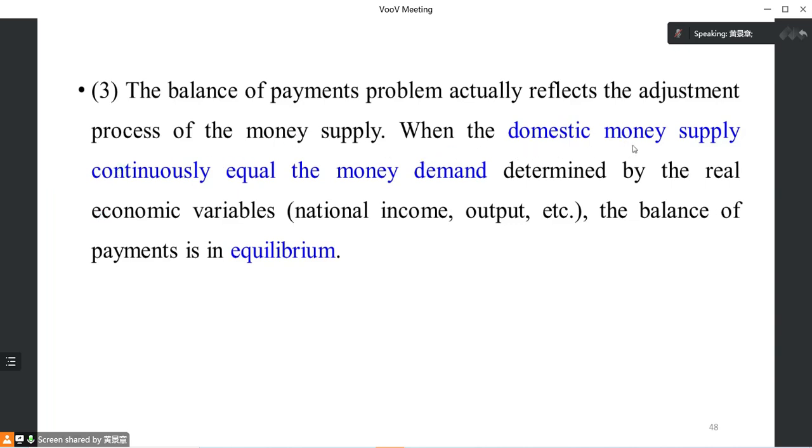When the domestic money supply continuously equals the money demand, determined by the real economic variables, national income, output, etc., the balance of payments is in equilibrium.